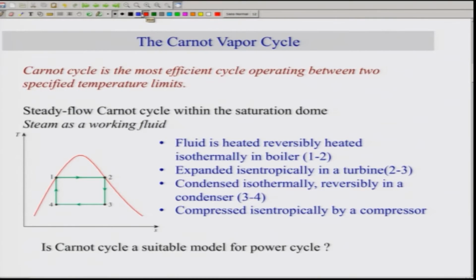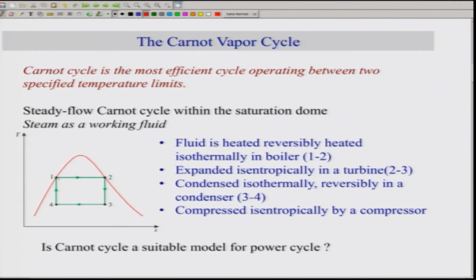In this case, we can start with the Carnot cycle by considering this saturated dome, and the cycle operates within this dome, because vapor cycles mean alternative vaporized and condensed cycles, hence it has to be within the saturated dome. So that's what we made use of the Carnot cycle. We consider steam as a working fluid.